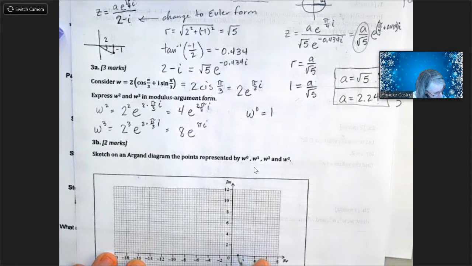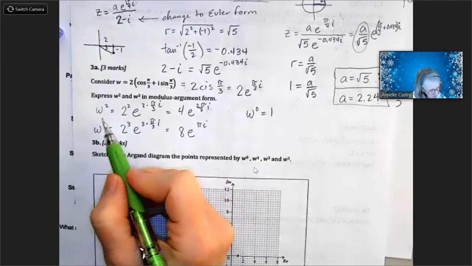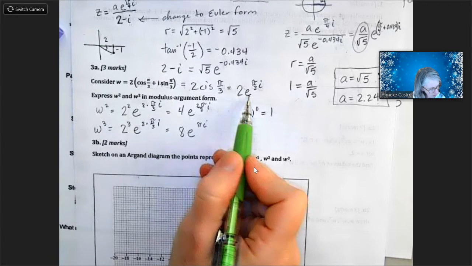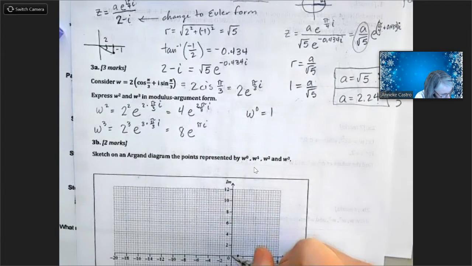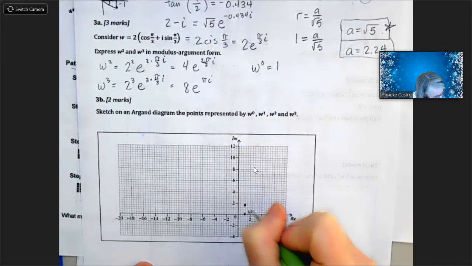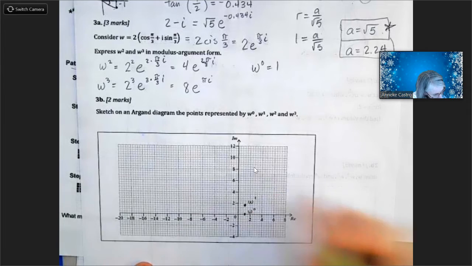So 1 would be right there, and then w would have a magnitude of 2 and a rotation of pi over 3. So pi over 3 is somewhere around here, so it would probably be around here. Here is my w to the 0. Here's my w to the 1.